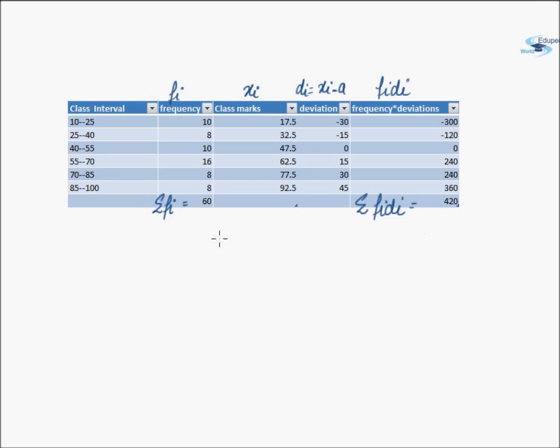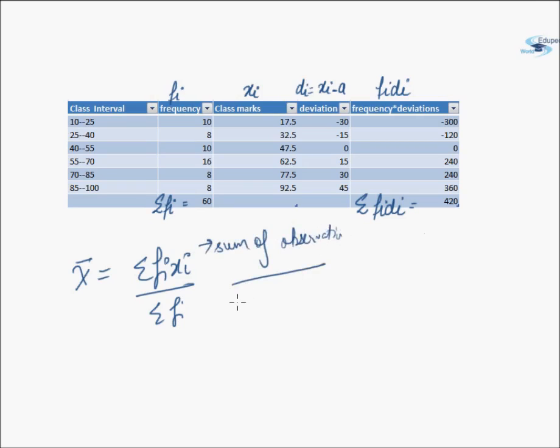Now friends, since mean is summation fi xi over summation fi, that is sum of observations over total observations, or the class marks multiplied by frequency over total frequency.